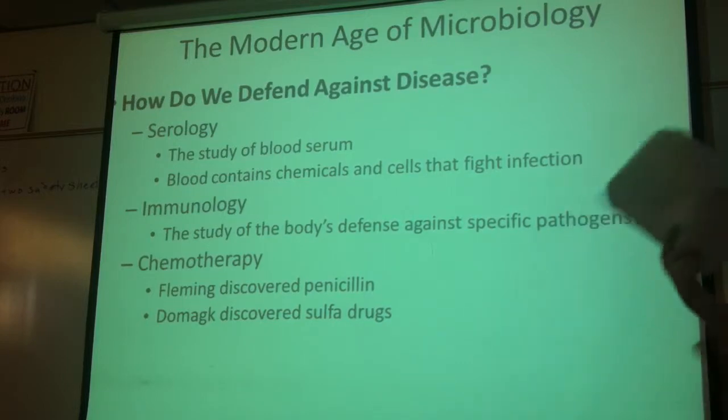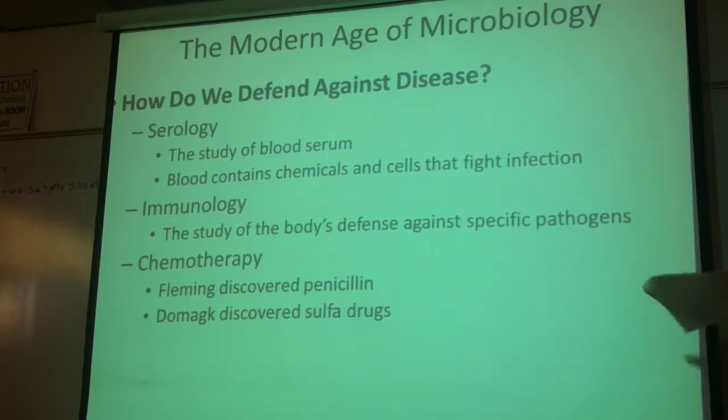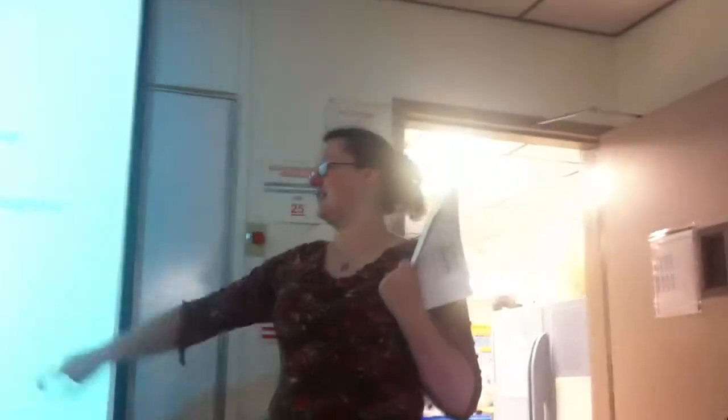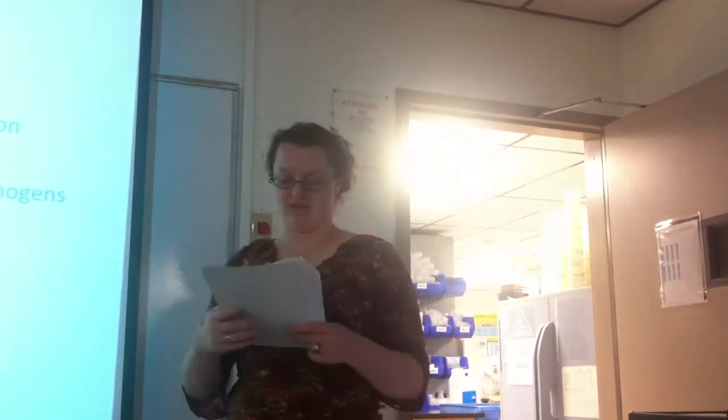Not just how can we initiate a response, like with vaccination, but how do we specifically target and fight different pathogens? Chemotherapy, so penicillin. This is where we kind of discover that idea of, like, Escherichia bacteria, you get this other kind of bacteria growing, and all of a sudden your E. coli dies. You're like, why did that die? This is where you start getting some of our different drugs came from microorganisms.